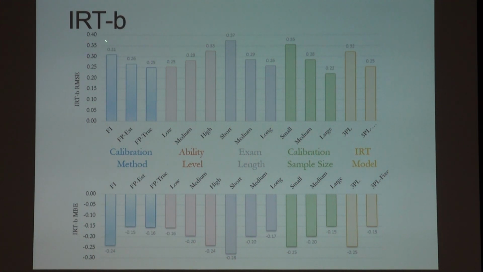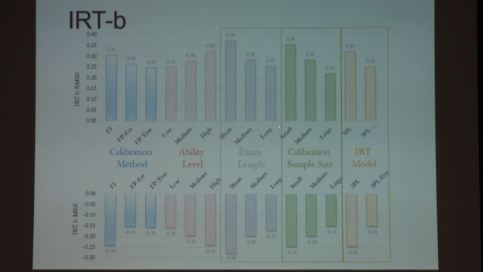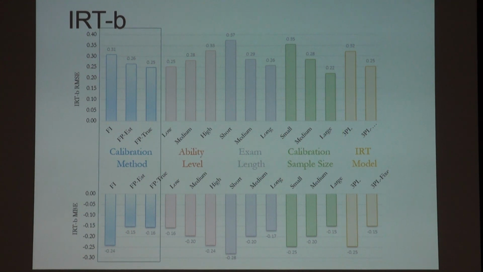And when we look at IRT-B results, for these three factors, the pattern is consistent with what we have for IRT-A parameter. So short exam, smaller sample size, and IRT model misfit, they are all associated with larger estimation errors. But for the calibration method, the order is reversed.